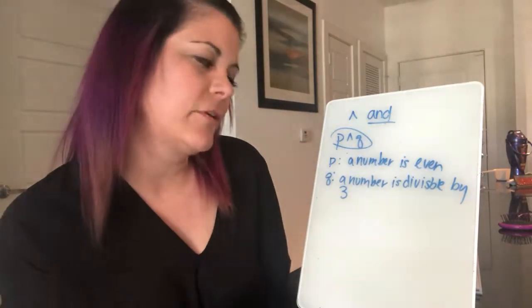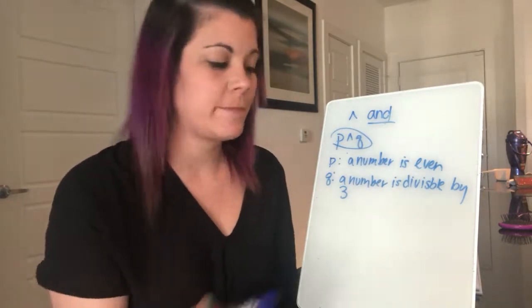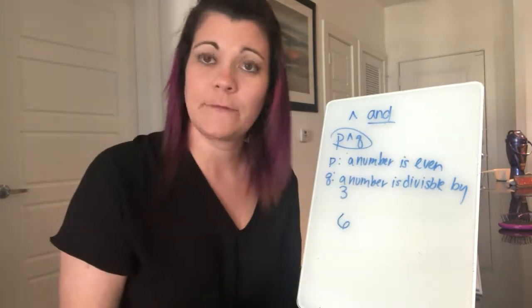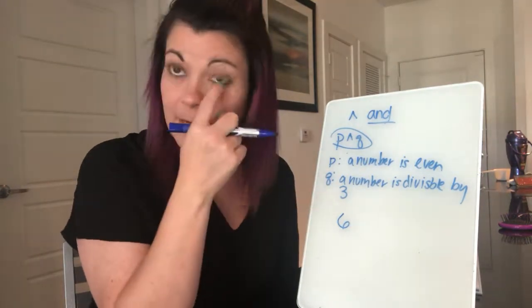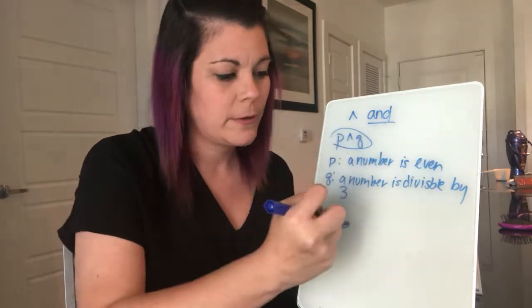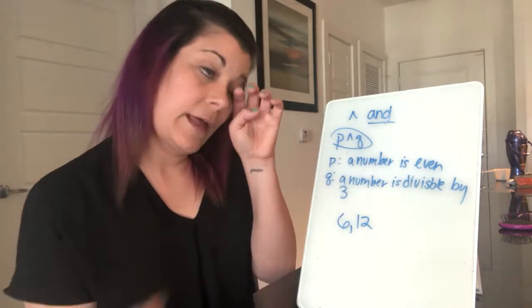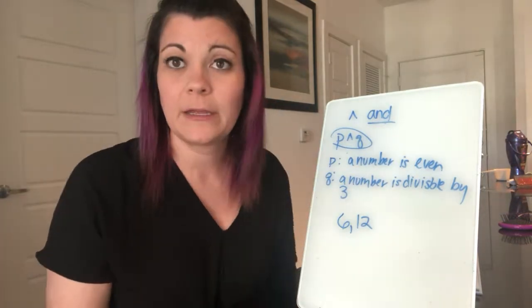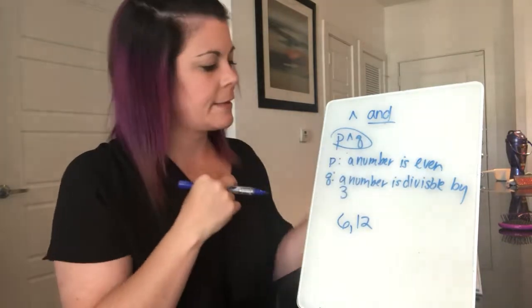So the first number would be 6. 6 is an even number, and it's also divisible by 3. So this satisfies both statements, so that could be an answer to P and Q. 12 could also be an answer. There are many more answers, but when it says P and Q, you have to satisfy both statements.